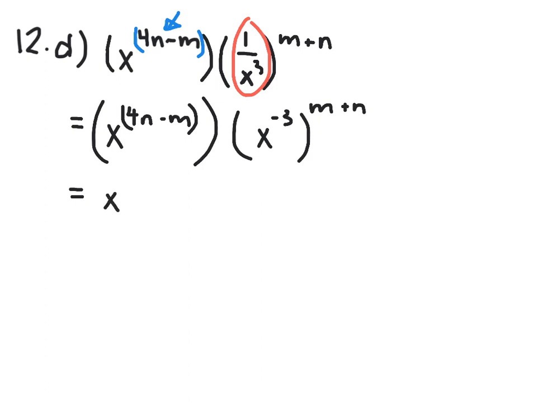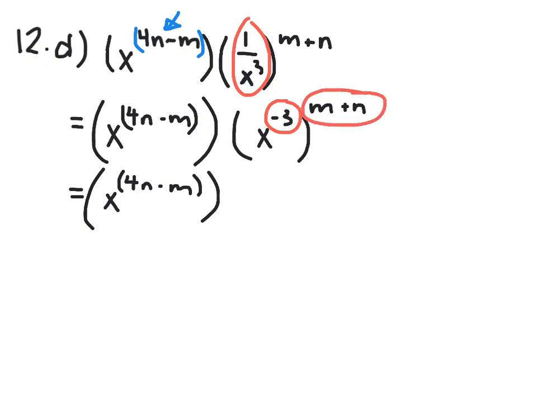So when I look at this, I've got x to the power of 4n minus m. And over here, I'm going to do the power of a power. This is x to the power of negative 3, all to the power of that. So you've got to be careful here, because those should technically also be in brackets.